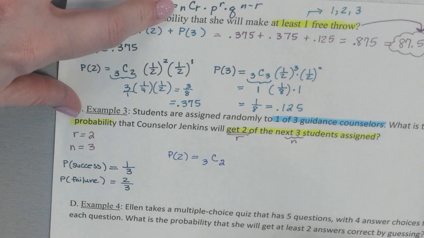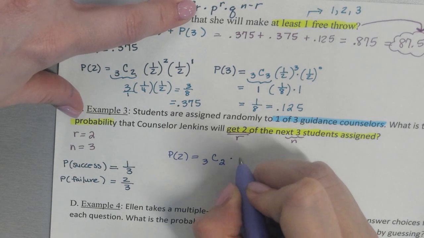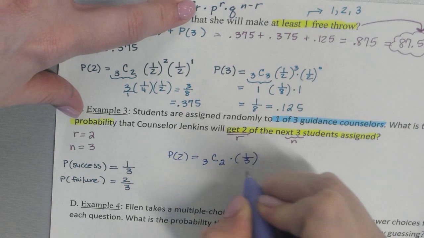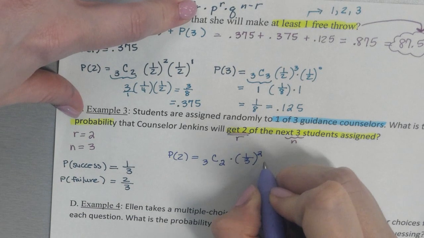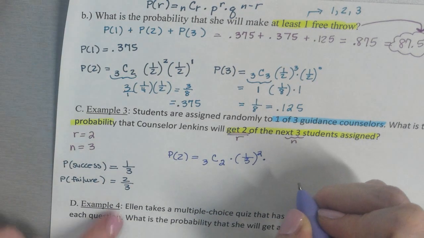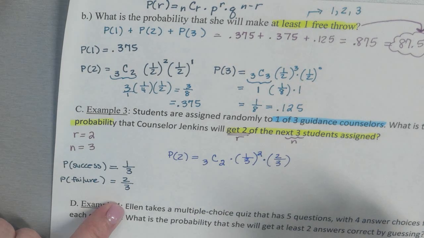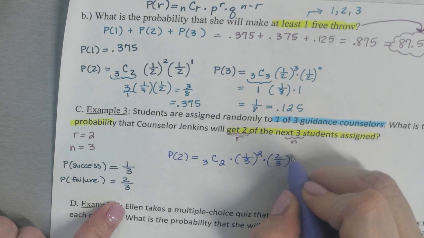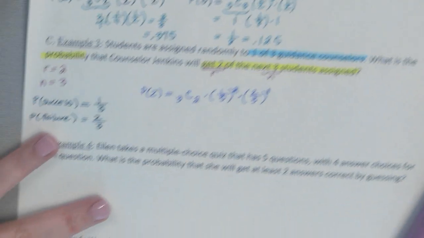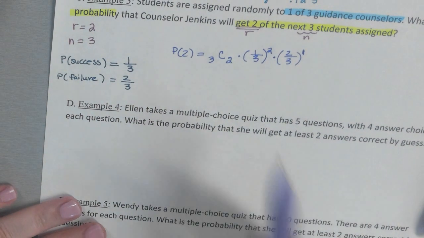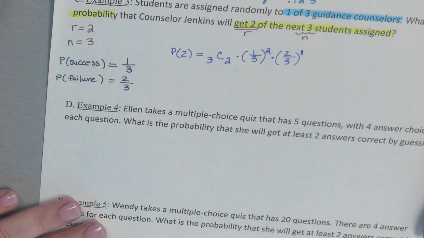They get 2 of the next 3 times the probability of success, so 1/3. And remember, these 2 always match to the second. Now this one is 2/3, so the failure, 2/3, to the first, because 3 minus 2 is 1. And as you practice that, you will get good at just being like, oh yeah, 3 minus 2, 1.